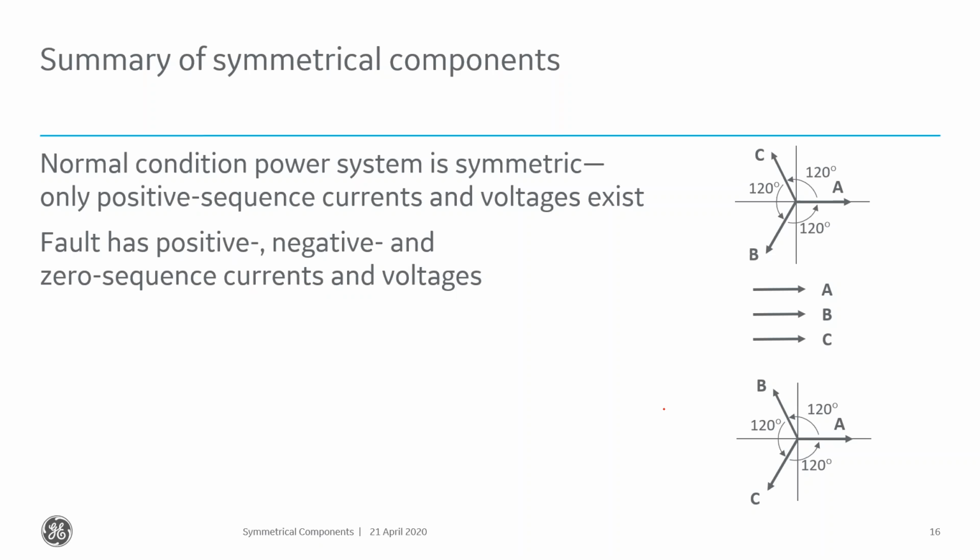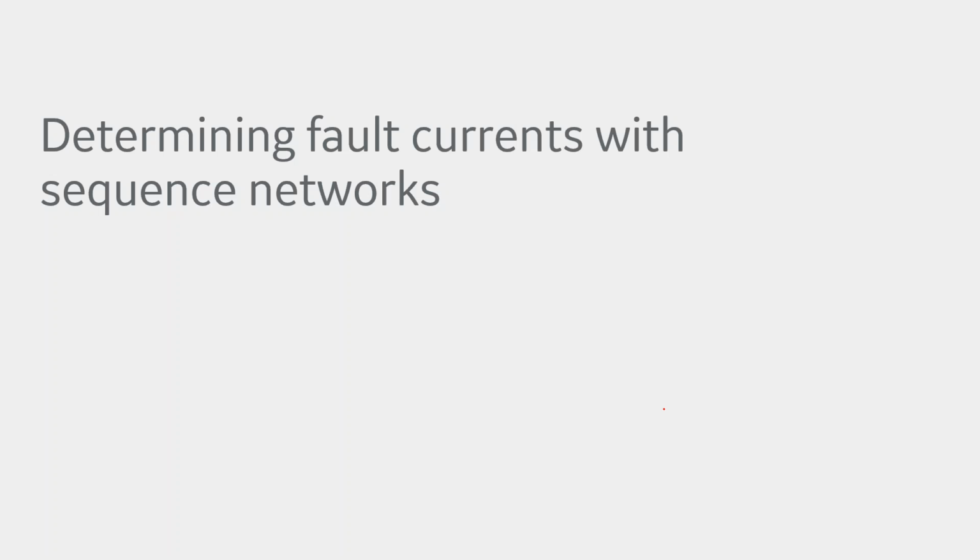So let's see what that looks like, because the only reason we're really talking about this mathematical technique is so that we can analyze fault conditions, look at fault currents and ascertain what kind of fault that was, or calculate fault current or calculate quantities to determine what our fault current is.